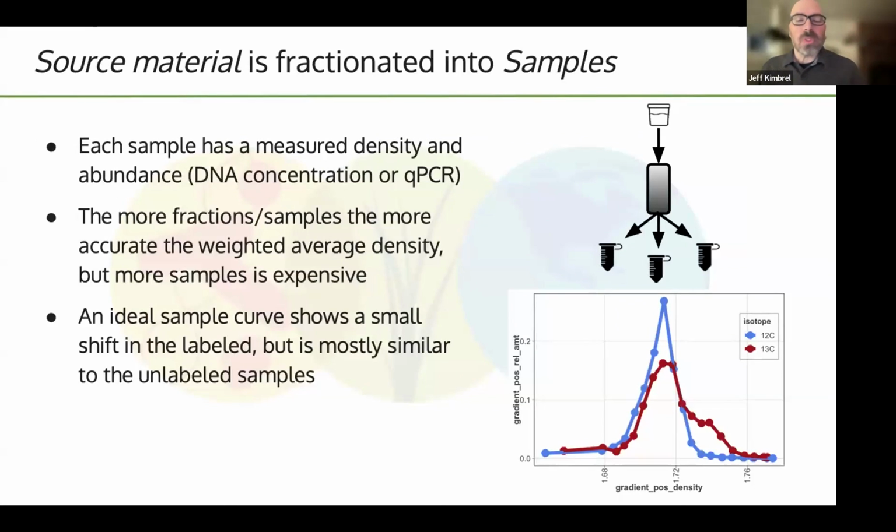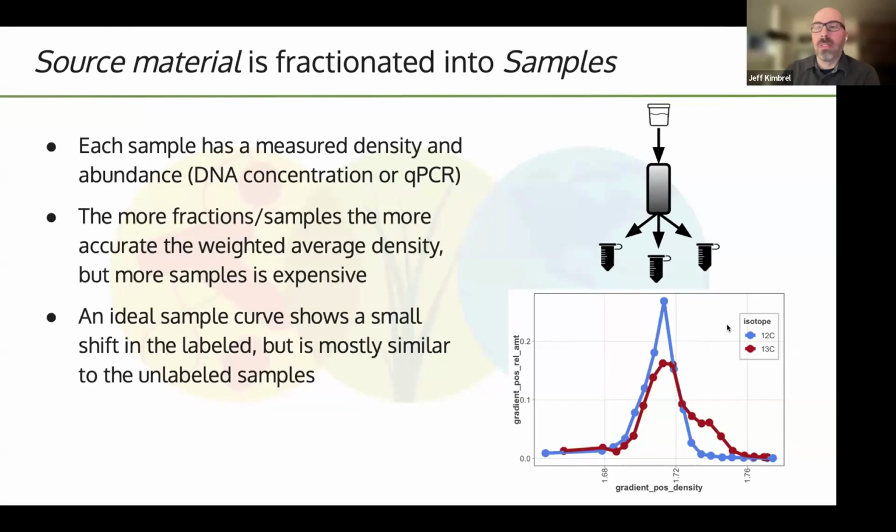Okay, so there's a couple terms that we use. The metadata around qSIP can be kind of complicated. There's a lot of steps, from your original sample to fractionations to downstream feature selection. So there's three levels of data. The first is the source material.